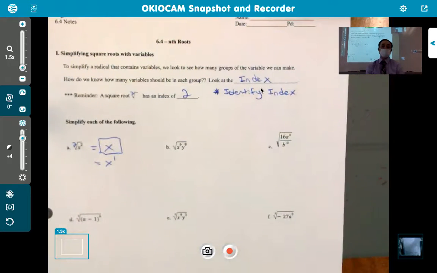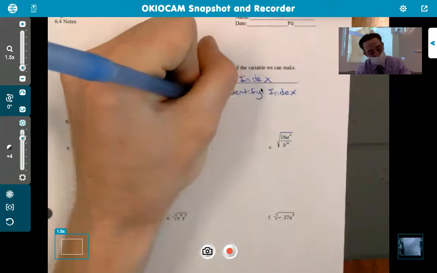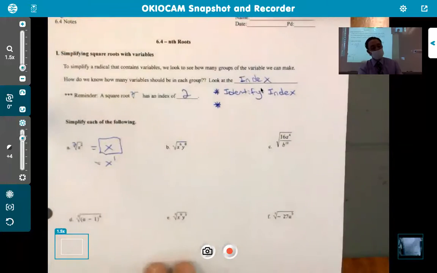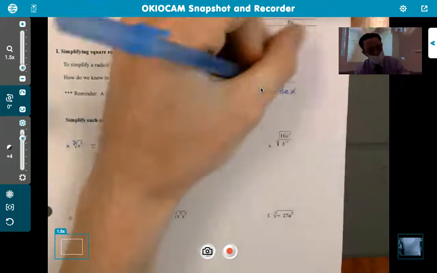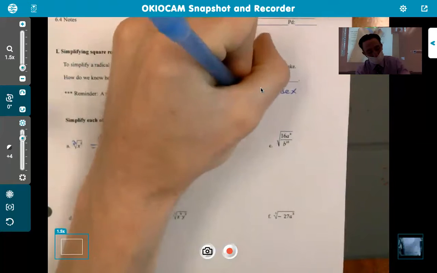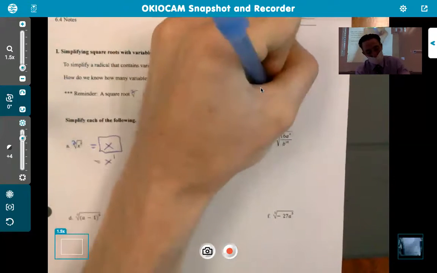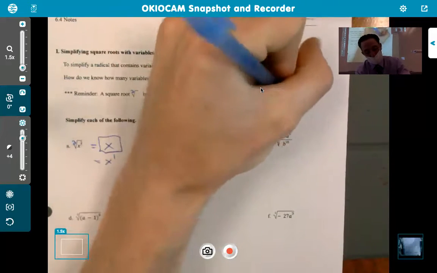Because we're not always going to be dealing with just square roots. So we want to identify what that index is. The second step would be to take the root of any constant term.